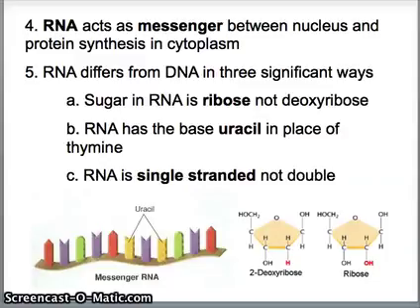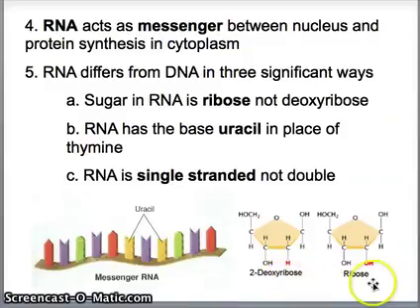But RNA is also a nucleic acid, where DNA stood for deoxyribonucleic acid. RNA stands for ribonucleic acid. They're very similar molecules, but they do have some differences. RNA is different from DNA in 3 significant ways. First of all, the sugar in RNA is called ribose, not deoxyribose. And if you'll notice below in the picture on the right, this deoxyribose molecule, you'll see the hydrogen that's highlighted in red.